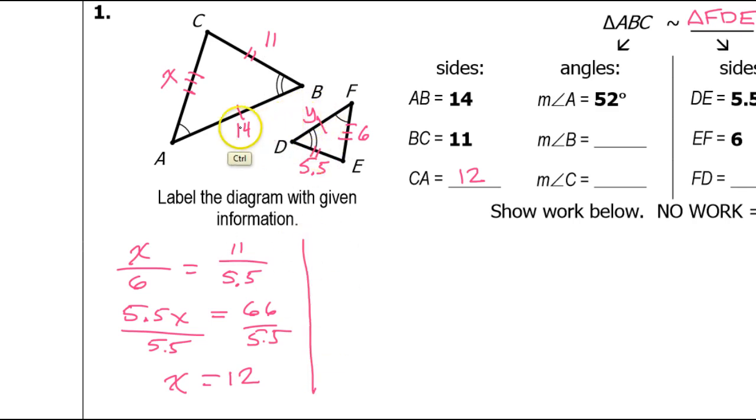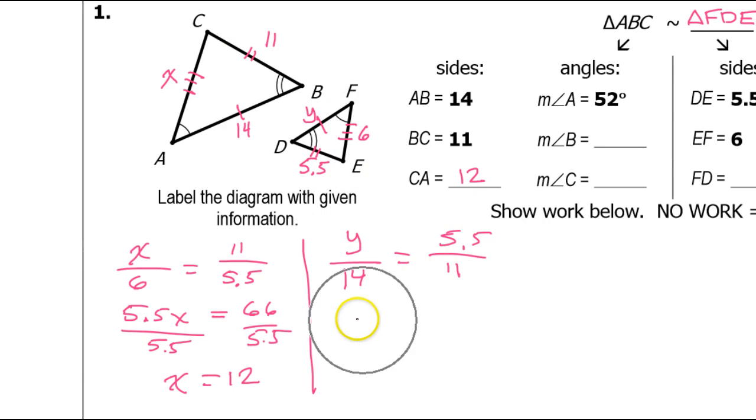Y is a single, 14 is a single, so that's Y over 14 equals. And I can still use the 11 and the 5.5, but since I did Y over 14, I need to do 5.5 over 11. Okay, you just got to do it in the same order both times.